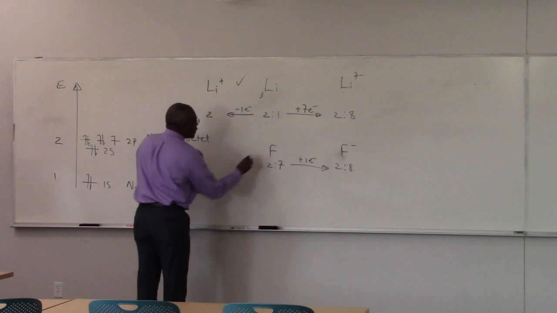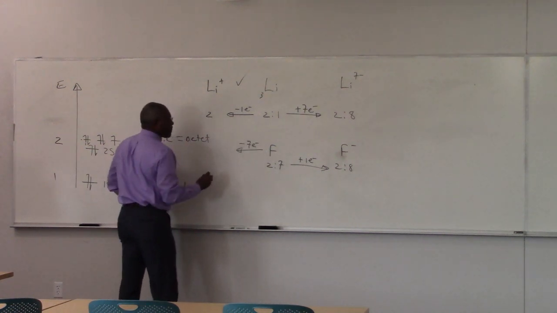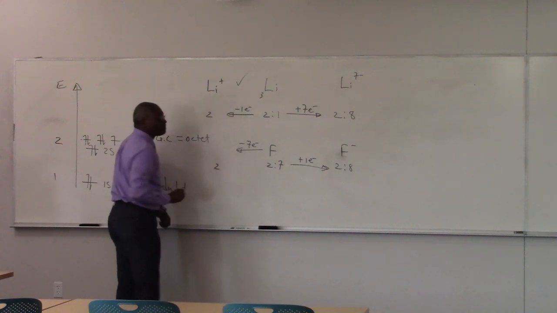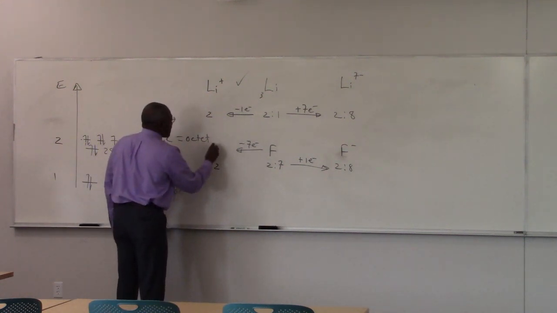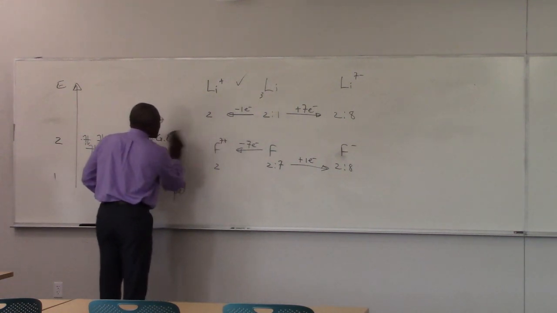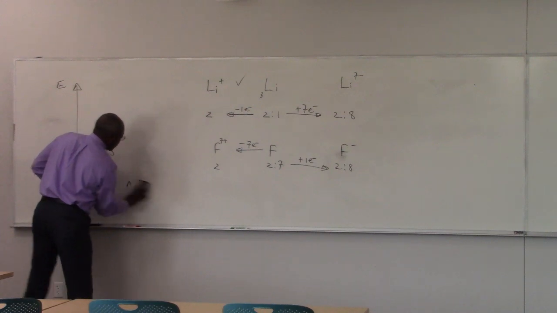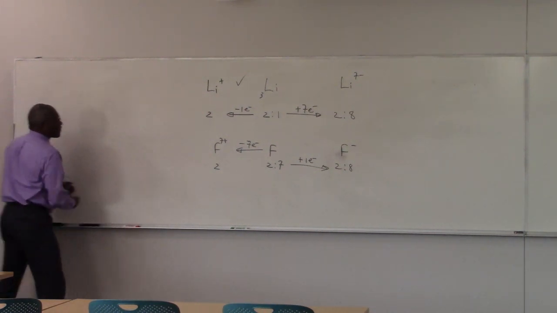Or I could lose 7 electrons and become 2. If I lost 7 electrons, I would become F7 plus. So fluorine has 2 choices, as most of the elements do: gain or lose.